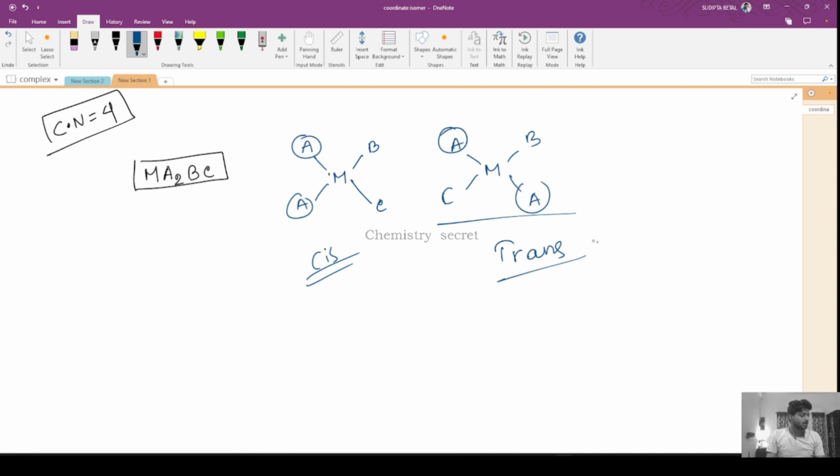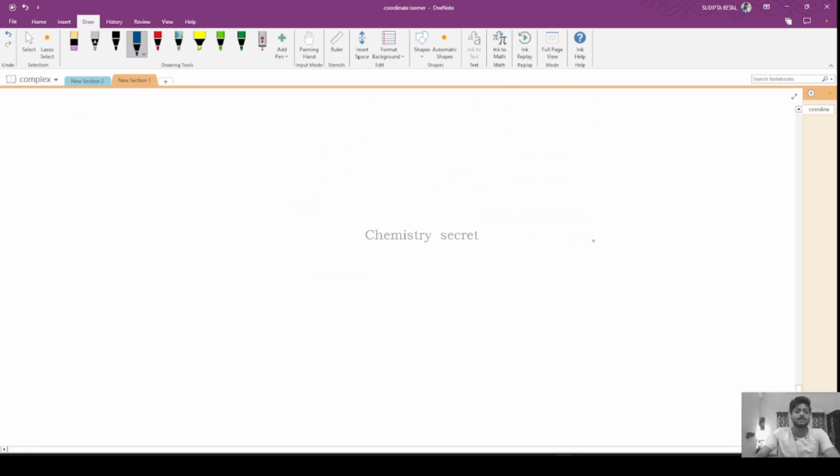In this type of example, coordination number 4 is not so vast, there are not various types of examples. But in the case of coordination number 6, CN6, we can discuss the number of isomers present in geometrical isomerism. For coordination number 6 there are various types of examples like MABCDEF.